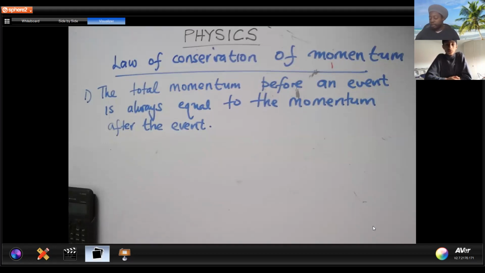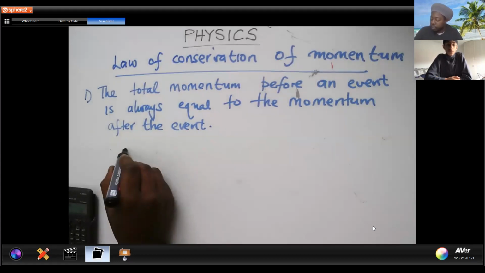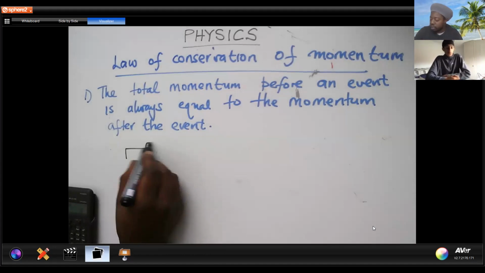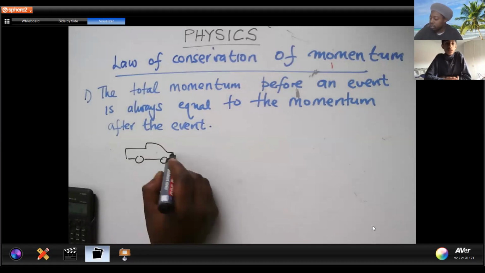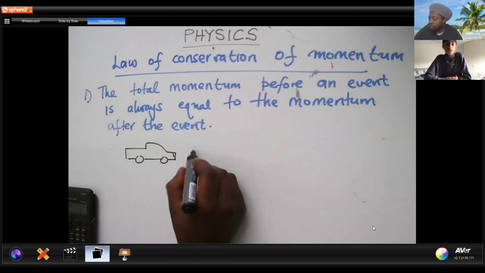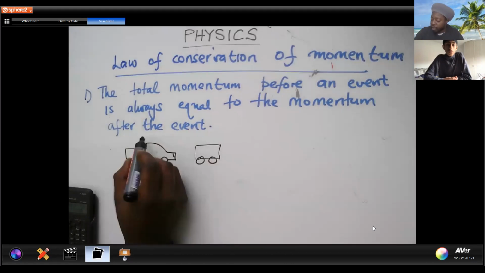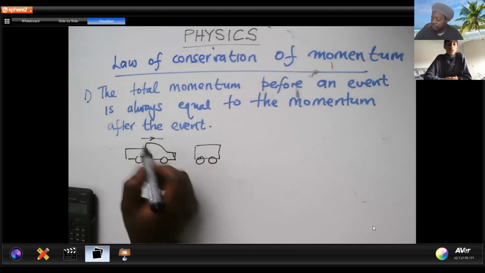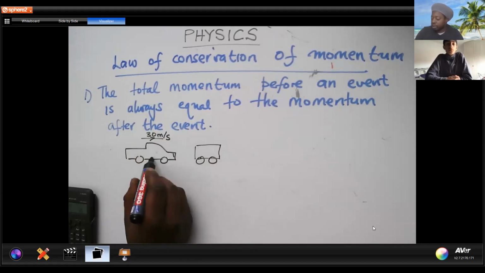So let's just imagine I had a car, and I've got a stationary trailer. So this is before the event, and I'm assuming that my car is traveling with a speed of, say, 30 meters per second, and it's got a mass of 500 kilograms.